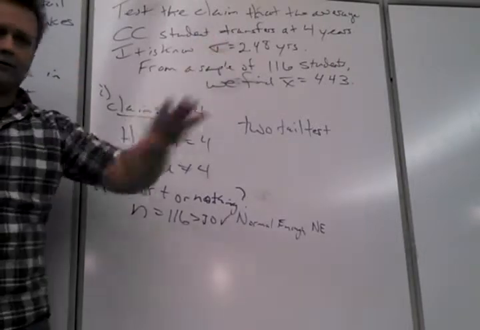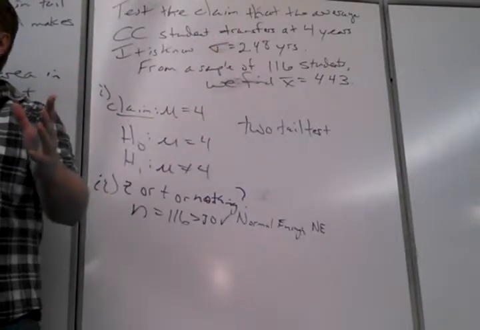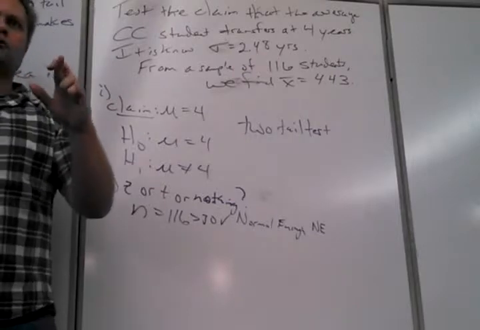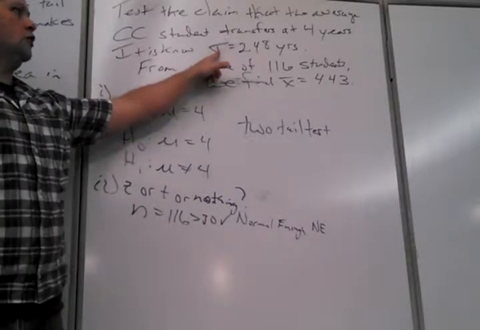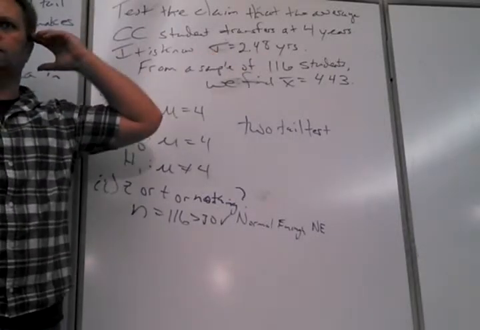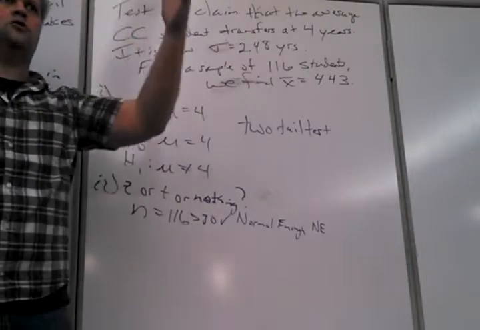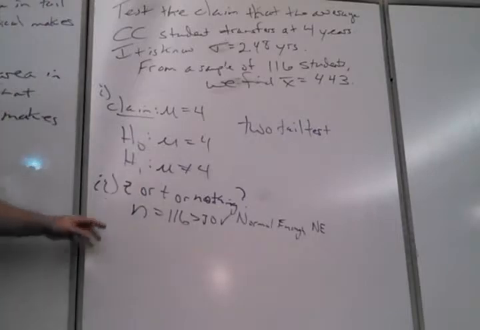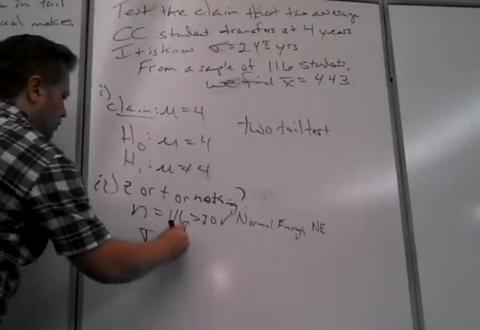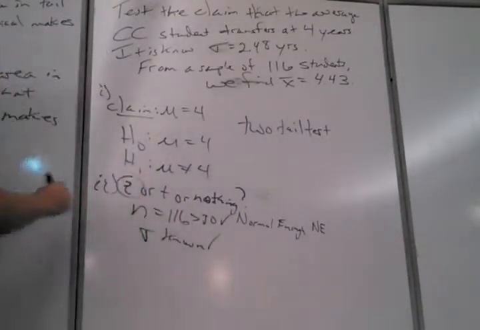When I do know this, I just use good old Z-scores, right? Just remember that T-scores were invented for when I don't know this, I only know s. So if you have trouble figuring out when to use it, if you know why it was made, it tells you when to use it. So sigma known, check. Z-scores kick in.